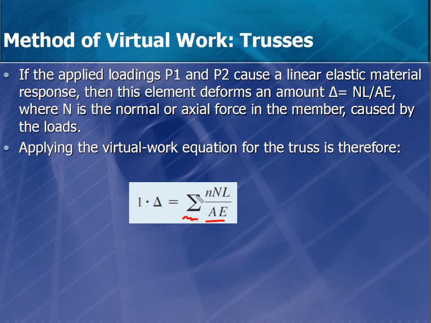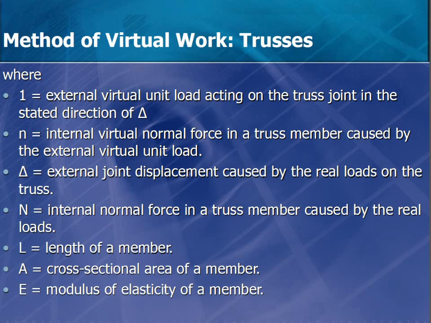So i is going to go over the bar members. If you go the mathematical way, i starts from 1 to the number of members. So n_i, capital N for each member, you're going to calculate this way. On the other hand, I explained each of them: on the external side, the small delta, and capital L, A, E: the length of the members, the cross-sectional area of the members, and the modulus of elasticity of the member.